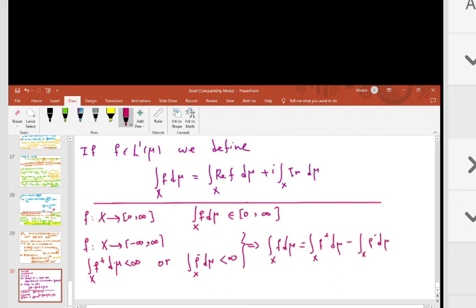We see this definition, so this is the definition for real valued functions or extended real valued functions, and this is the definition for complex valued functions.